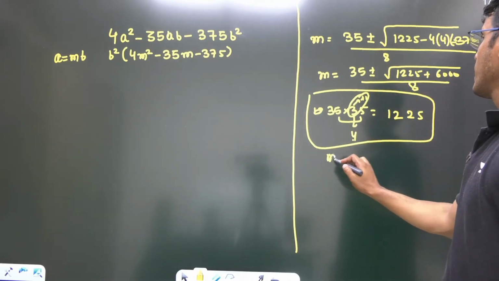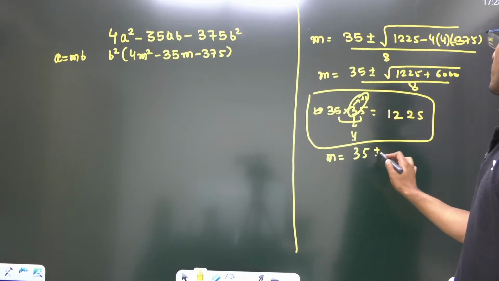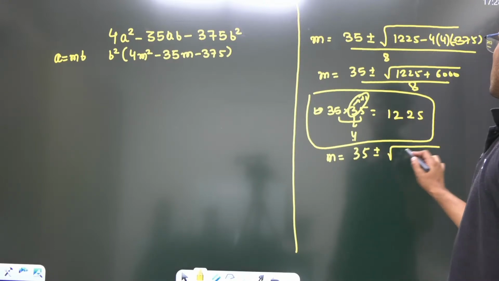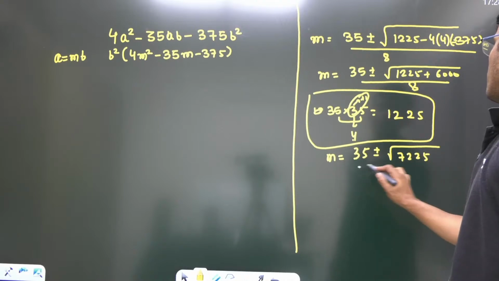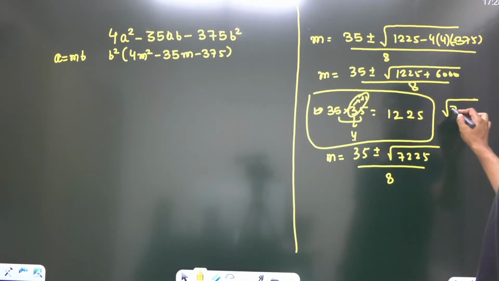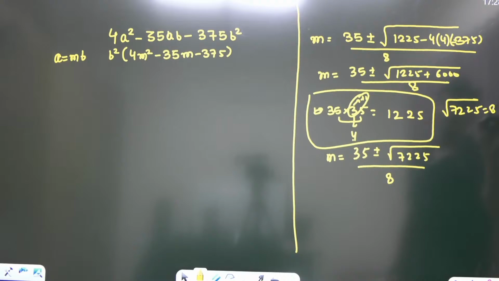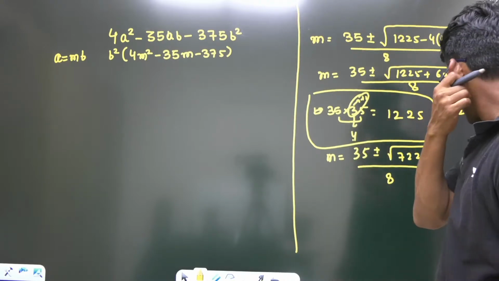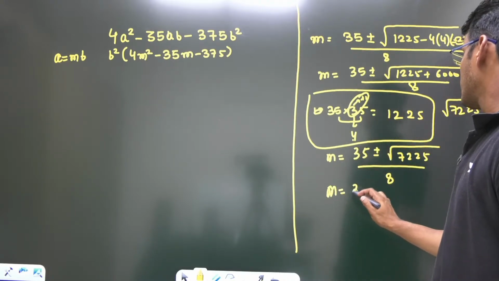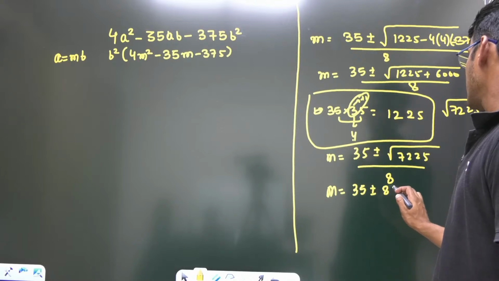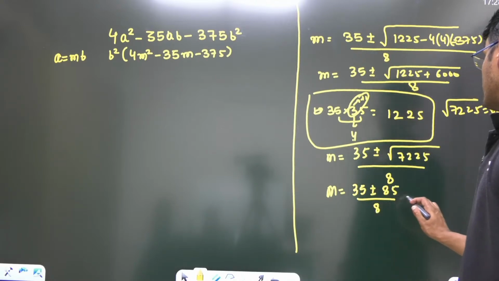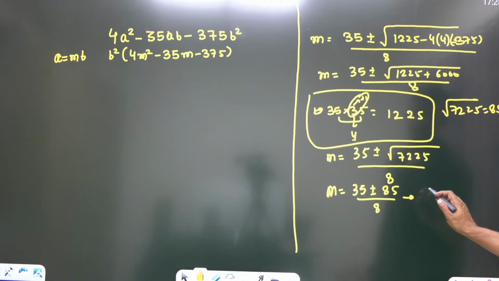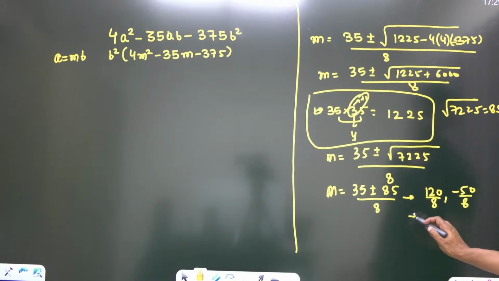So this becomes M is 35 plus minus square root of 7225 upon 8. Now square root of 7225 is 85. So you have 35 plus minus 85 over 8. So this becomes 35 plus 85 is 120 by 8, comma 35 minus 85 is minus 50 by 8. So this is 15 and this is minus 25 by 4.